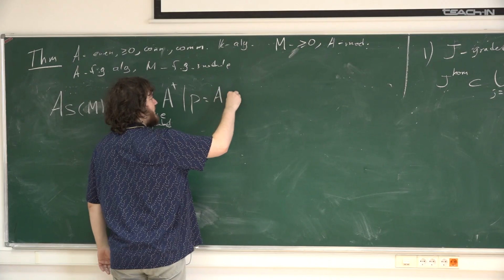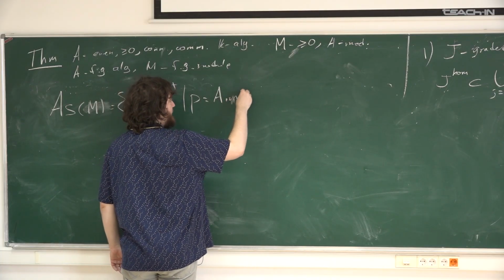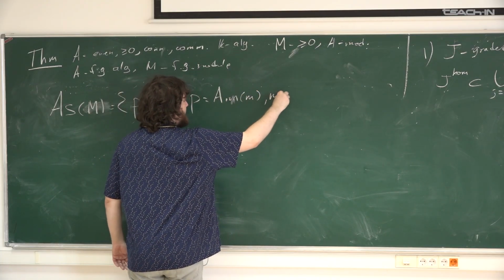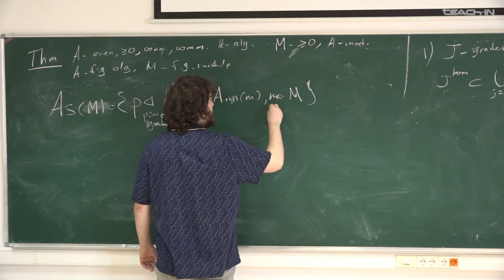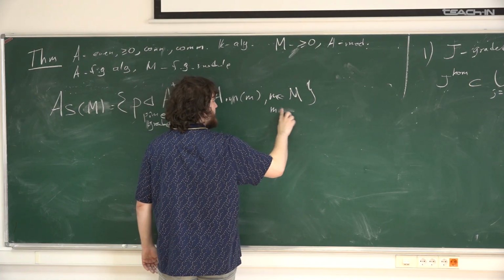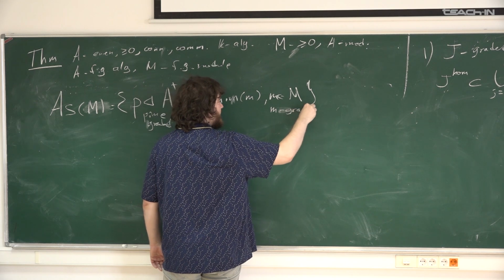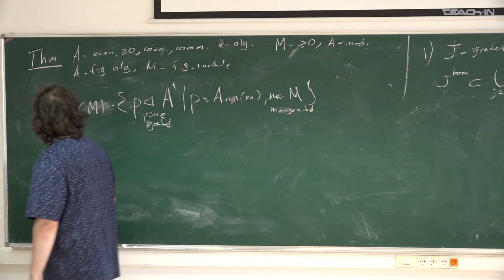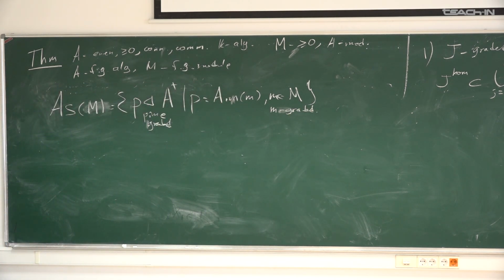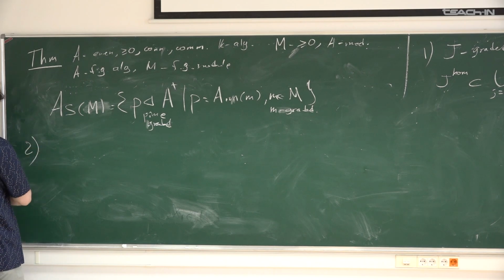So it's the set of prime annihilators of elements of the module. M is also graded, with graded elements. It's the set of prime ideals which are annihilators of some elements. Okay.